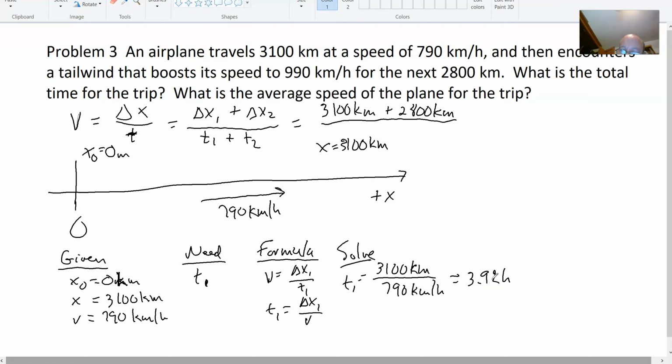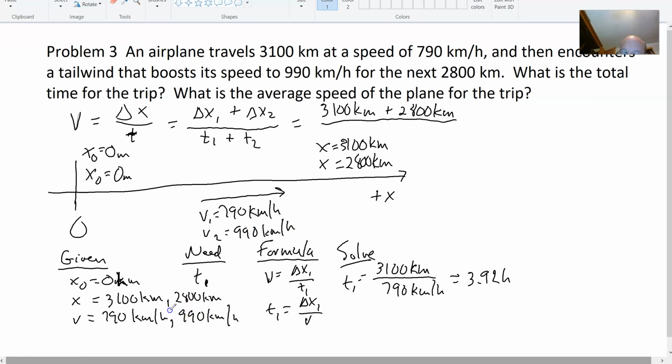Now I know that the way that I'm going to do this is going to be exactly the same for the next motion. I can still write down what my information is going to be, right? My initial position is x equals 0. My final position is 2,800 kilometers, and my velocity for the second motion is going to equal 990 kilometers per hour.